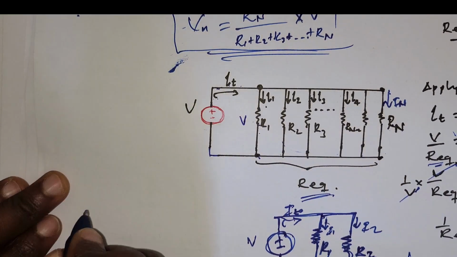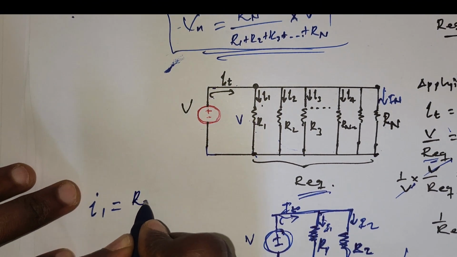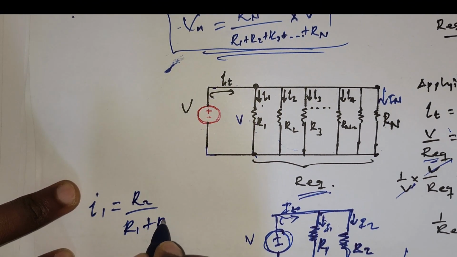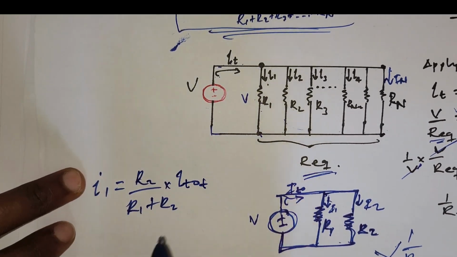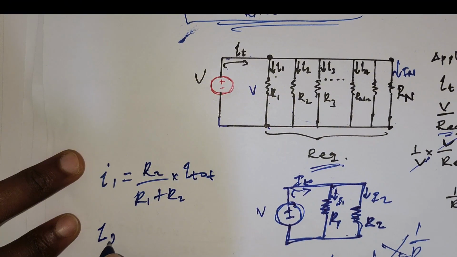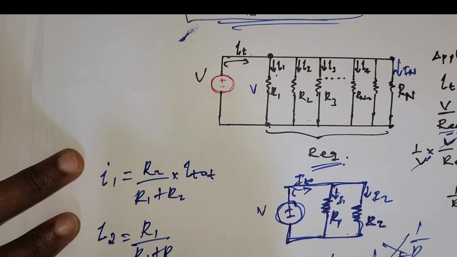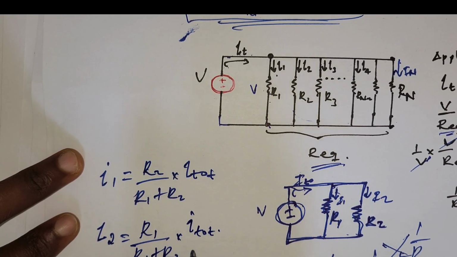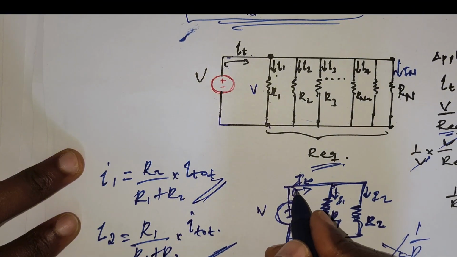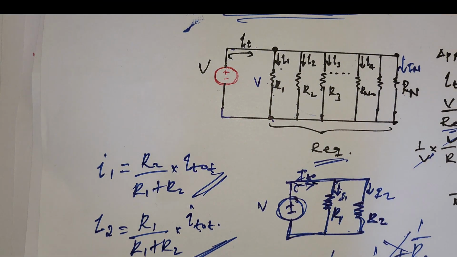So I1 is calculated by R2 over R1 plus R2 times I total, whereas I2 is R1 over R1 plus R2 times I total, the current from the supply. So as you see, it is the inverse.